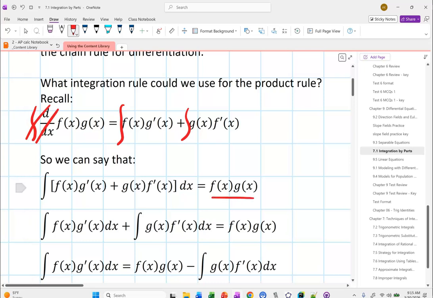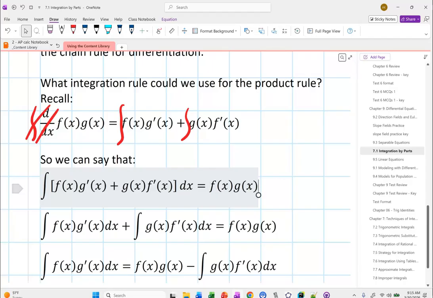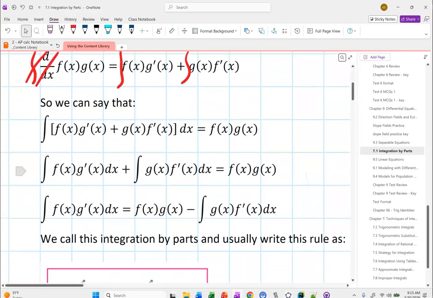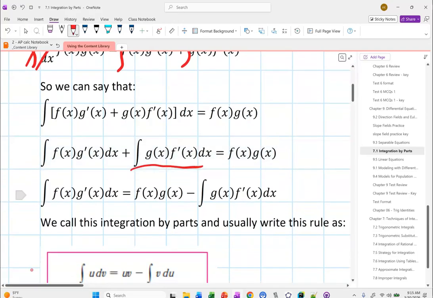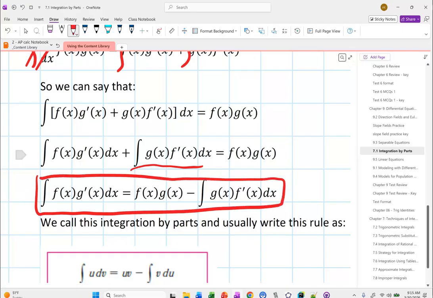This is my product rule with the derivative canceled. And now we'll just distribute our integral through, and if we subtract this over, we have an integration rule that we can use when we have the product of two functions. This is what we call integration by parts.